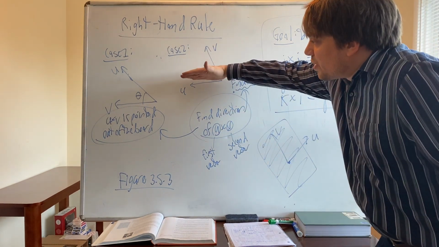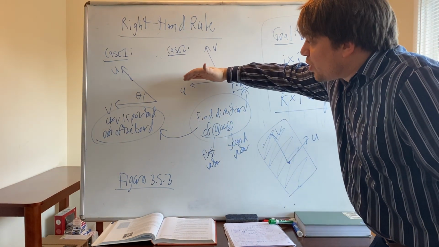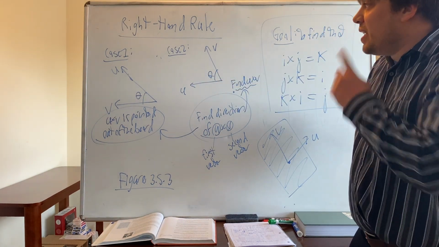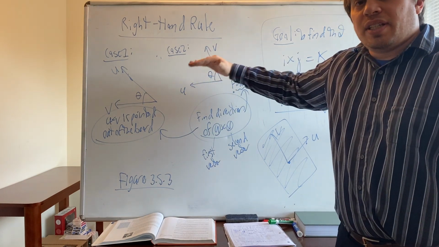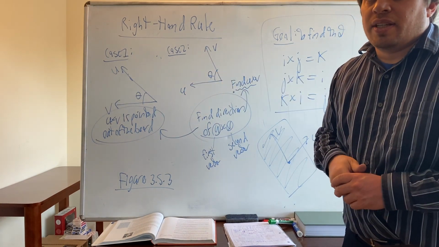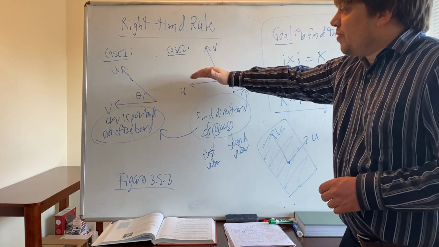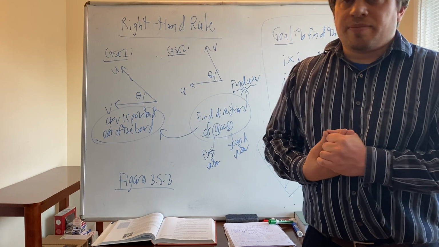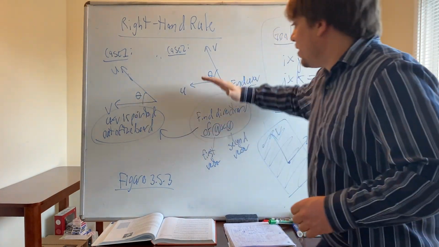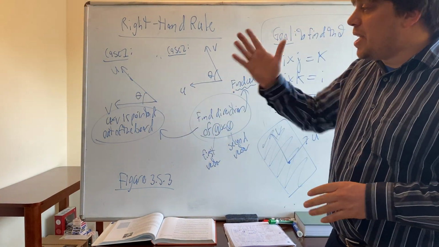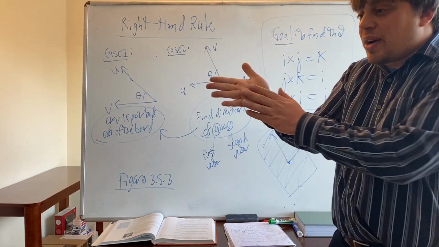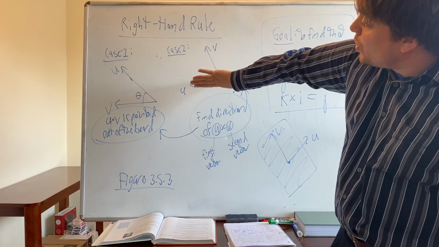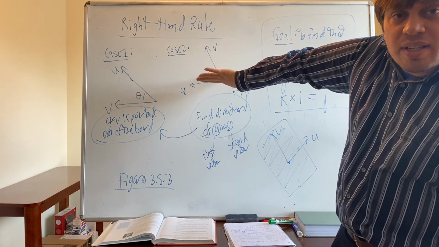Okay, so my fingers are going in the direction of U, and if I curl my fingers, I'd be taking the long route to V. And so that means that by the right-hand rule, my thumb is not pointing in the direction of U cross V, right? My fingers have to curl in the direction of V, it being the shortest route to V, right? Here's the shortest route to V. This is not. And so what I have to do now is I have to keep my four fingers in the direction of U, but I now have to flip my hand so that now my four fingers are still pointing towards U, but my thumb is now pointing in the opposite direction.